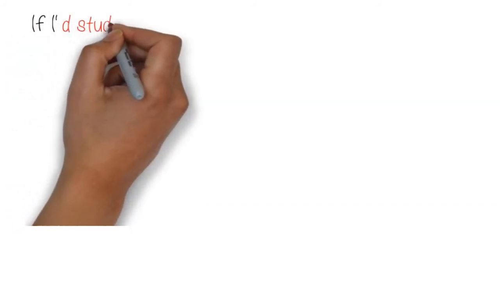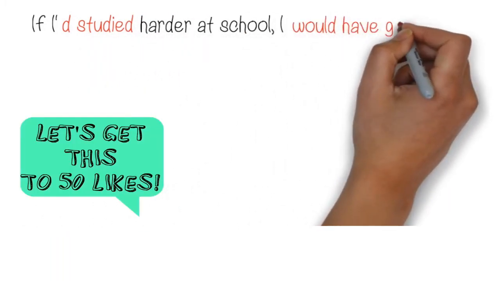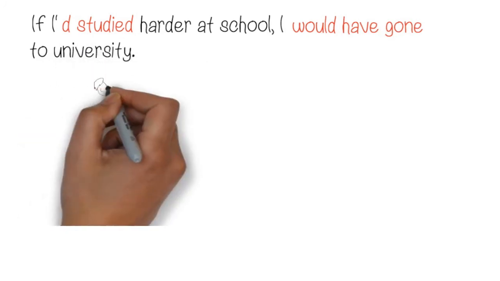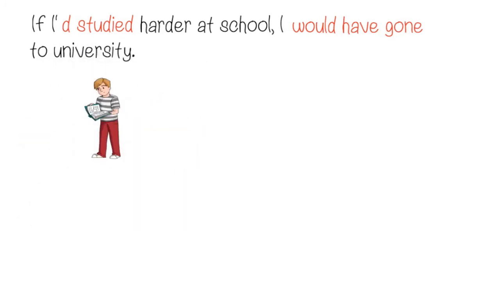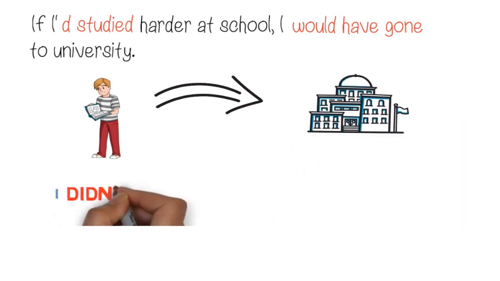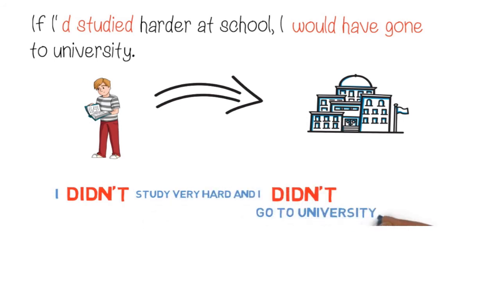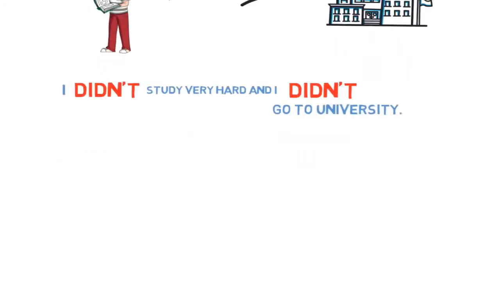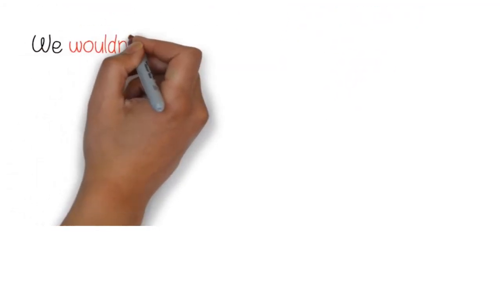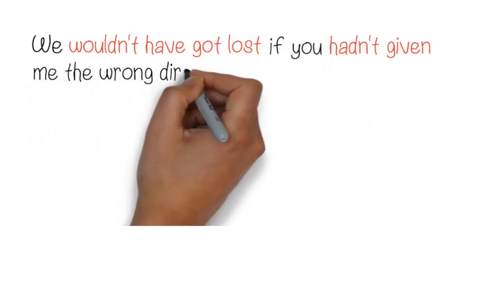If I'd studied harder at school, I would have gone to university. I didn't study very hard at school and I didn't go to university. We wouldn't have got lost if you hadn't given me the wrong directions.